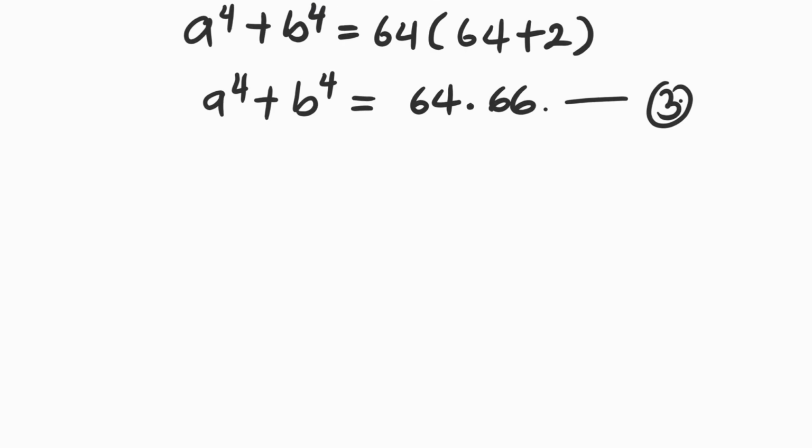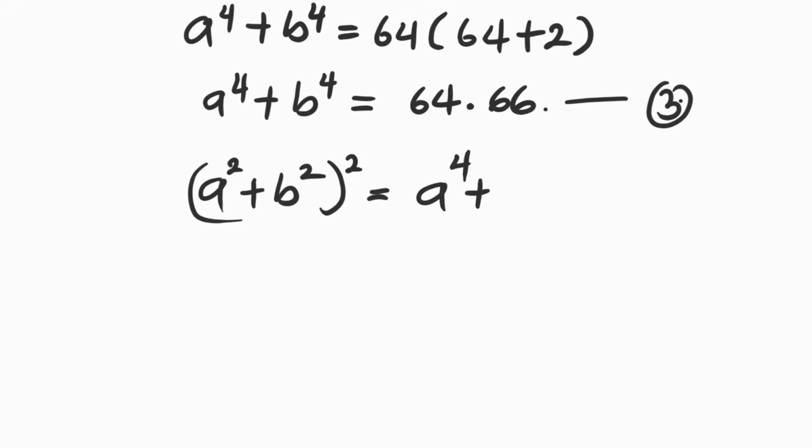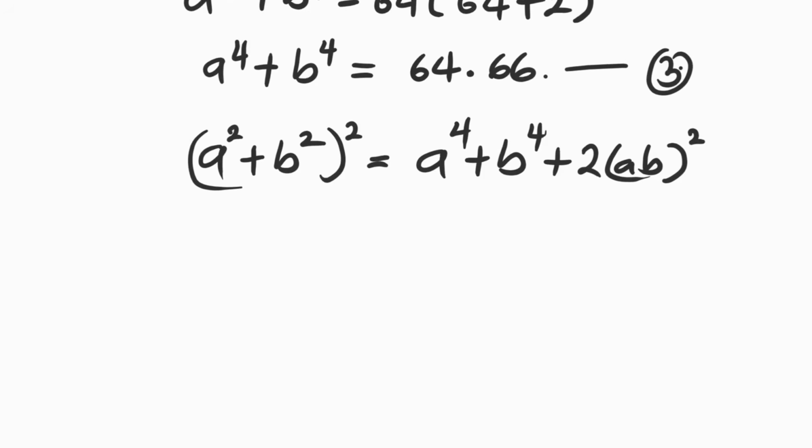So now we know that a raised to the power 2 plus b raised to the power 2 all squared is equal to a raised to the power 4 plus b raised to the power 4 plus 2ab squared.